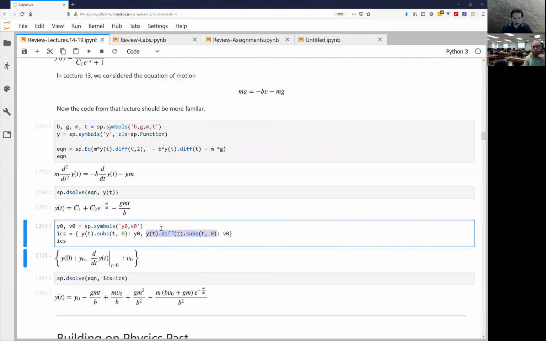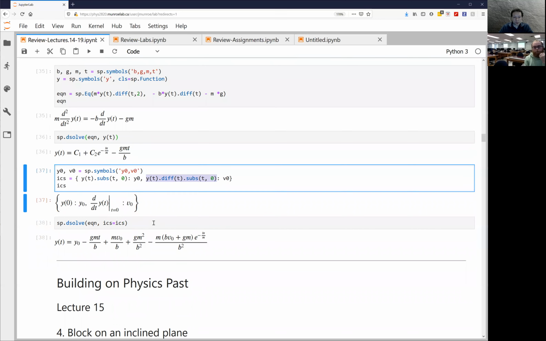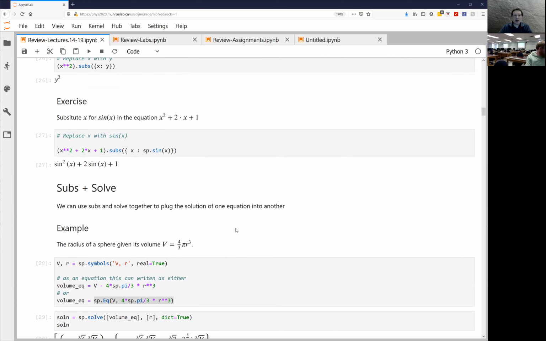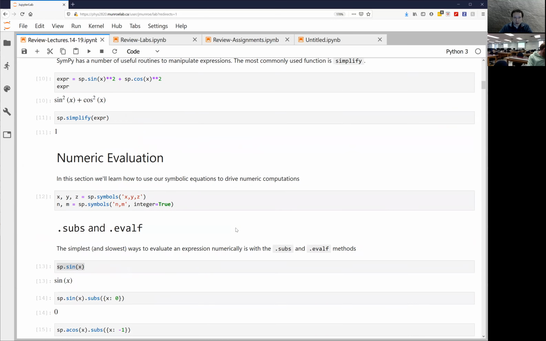You can take initial conditions and substitute that in. So that's how we use this to solve symbolic notation. So that's the set of things from SymPy. SymPy can do a lot more, but these are the constructs or the syntax or the ideas that we've reused in other parts of the course. So that's sort of condensed down into a couple pages.